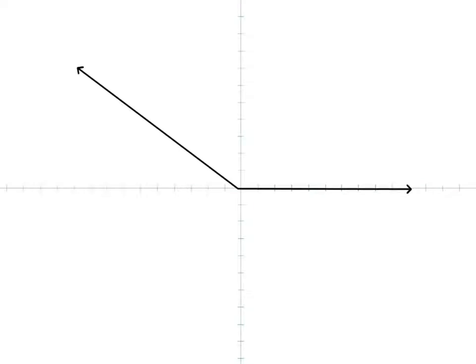Let's talk about this angle. This is definitely a non-acute angle. And actually, it's 135 degrees, which puts it in the second quadrant. So what we're going to do is go from the terminal side of 135 degrees to the x-axis. Remember, the reference angle is formed by the terminal side of the angle and the x-axis.